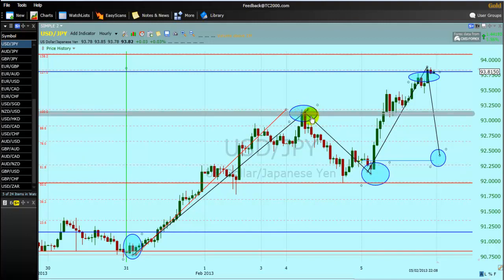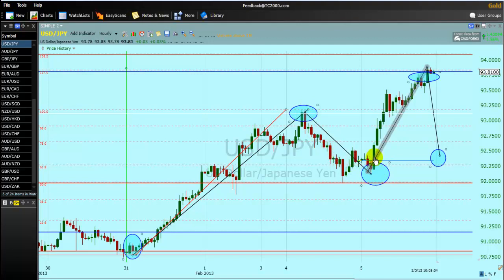If the A correction is just a weak move like this one, not very strong, there's a high chance that the B correction will exceed the starting point of A, which brings us to the target zone 127 and 138% using the Fibonacci extensions.